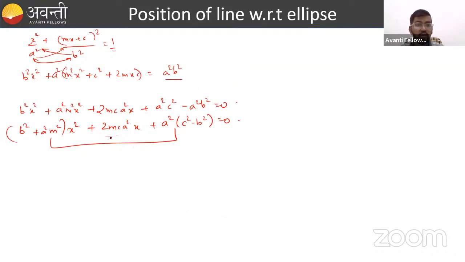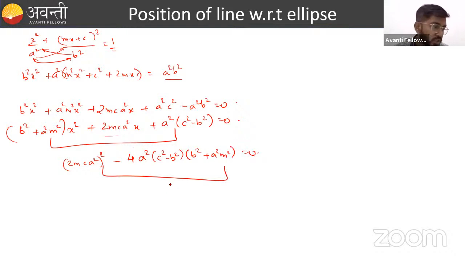So to have one root, the roots are real and equal. When are the roots real and equal? When b square minus 4ac is 0. So what will be b square minus 4ac? This will become (2mc a square) whole square minus 4 into a square into (c square minus b square) into (b square plus a square m square).